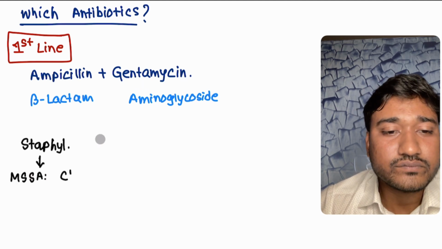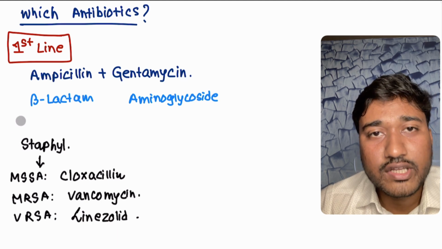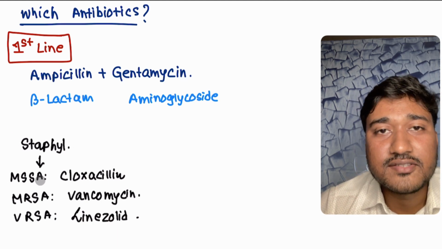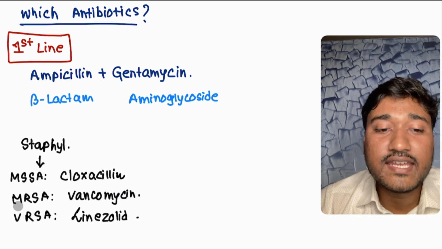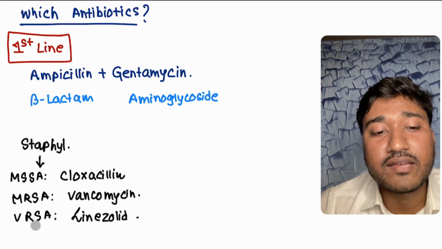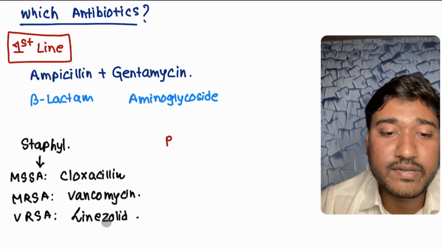Also remember, when you are suspecting staphylococcal infection, in case of MSSA, that is methicillin sensitive staphylococcus aureus, usually cloxacillin is used. In case of MRSA, vancomycin. In case of VRSA, that is vancomycin resistant staphylococcus aureus, linezolid is the treatment of choice.